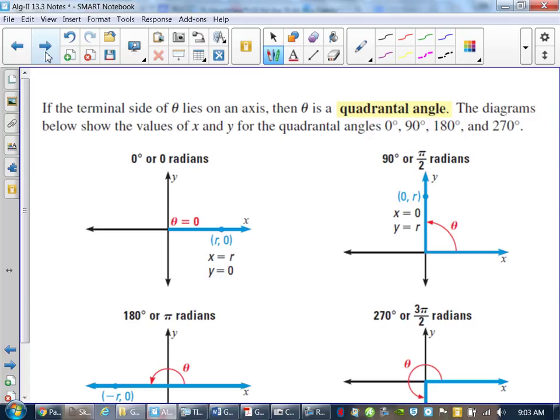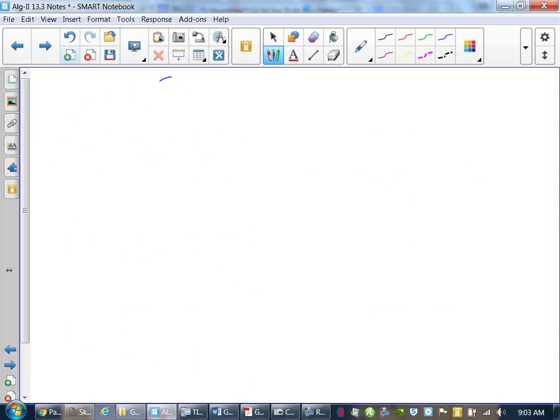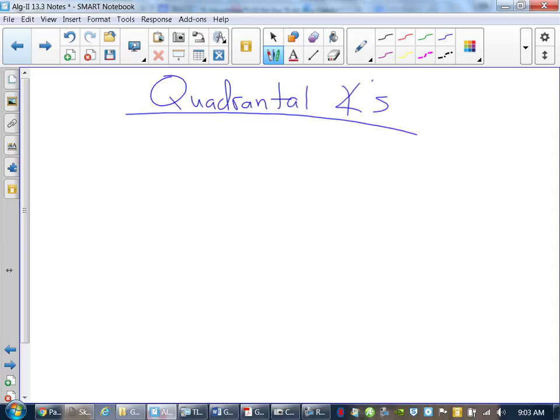Let's look at something called the quadrantals. The quadrantal angles.